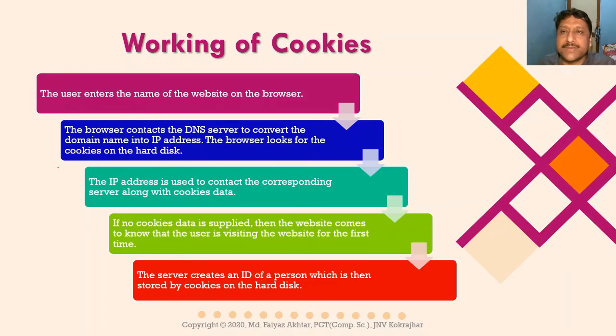Now come to the working of cookies. The user enters the name of a website in the browser. See how cookies are created and how they work. Suppose a website is opened, okay, the name is entered in the browser. Then the browser contacts the DNS, domain name system server, to convert the domain name into an IP address.